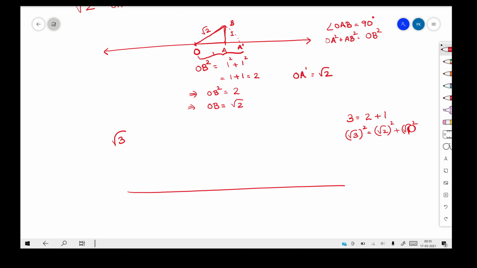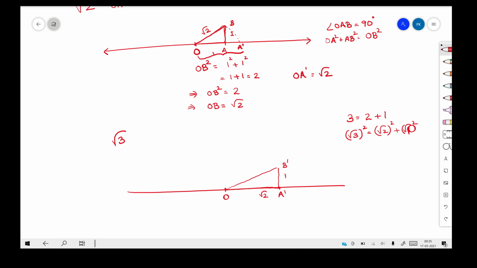Now here what we'll do, we'll take the point of origin as 0. We have found the way of finding under root 2, so we'll find under root 2 from the above method. This is under root 2 and here we have OA dash. We'll draw a perpendicular line here of 1 unit, and suppose this is B dash.